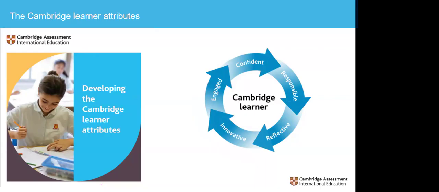So that is what we refer to as the learner's attributes. We are expecting that the moment the child does the Cambridge curriculum, there are certain things that must come out, and these things can be assessed through observation, through the psychomotor domain or the cognitive domain.